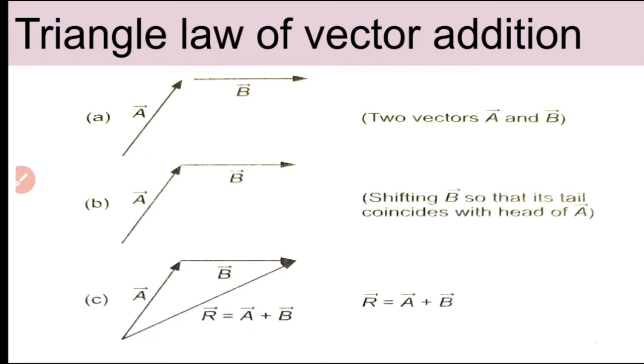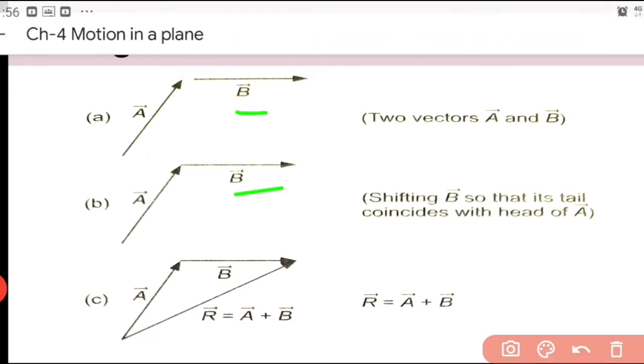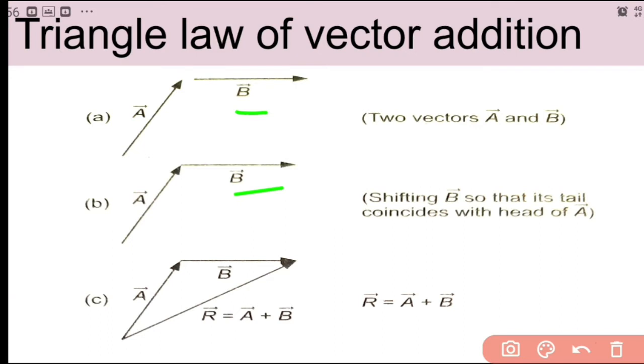While shifting vector B from its original position, the tail of vector B should coincide with the head of vector A. In doing that, vector B should not change its direction. As you can see in the diagram here, there is no change in direction.